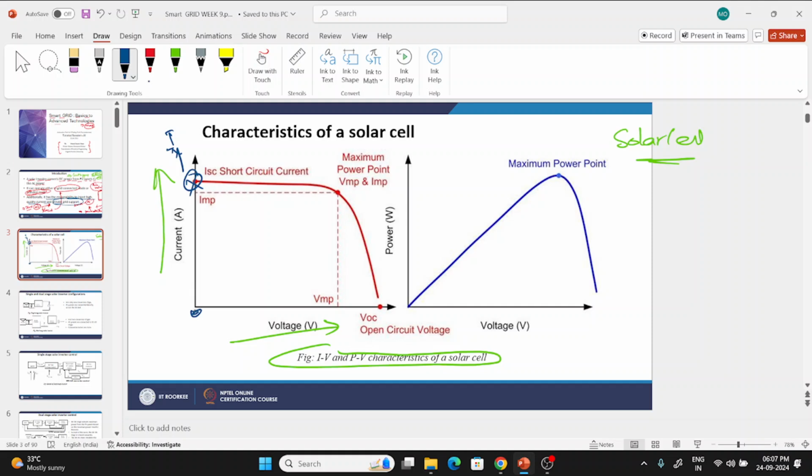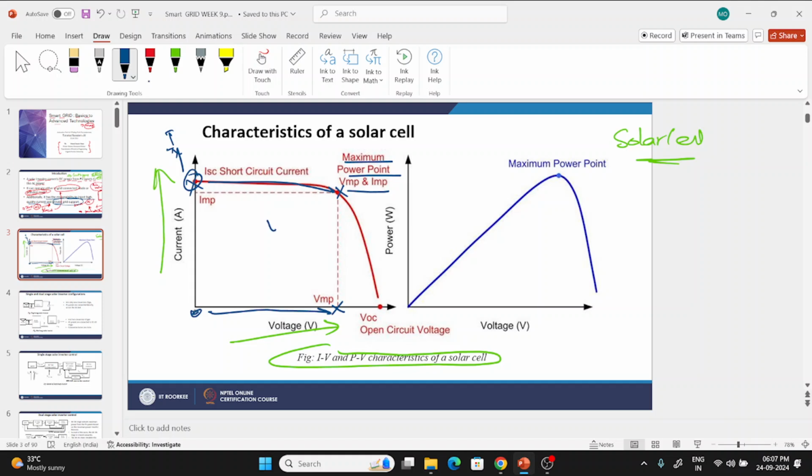At this point, which is the maximum power point tracking, MPPT point, the voltage is increased but there is a certain dip in the current.